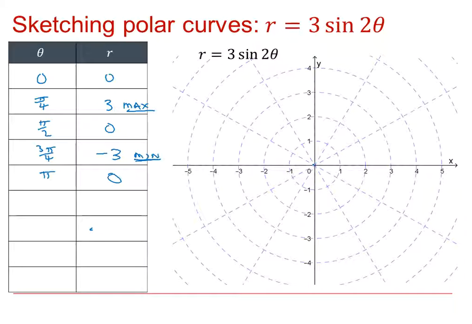So when theta is 0, we're at the pole. At pi by 4, our distance is 3, and at pi by 2 we're back at the pole. So it's suggesting that if that's the maximum value, we are creating some kind of a loop. What's interesting now is what this minus 3 would look like, and we'll investigate this using another Autograph file.